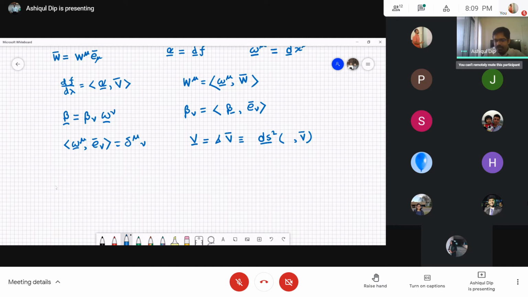We also saw that you can find the corresponding vector of an arbitrary one form, say alpha. The corresponding vector of a one form alpha is alpha upper bar, which is basically the sharp of alpha, right?